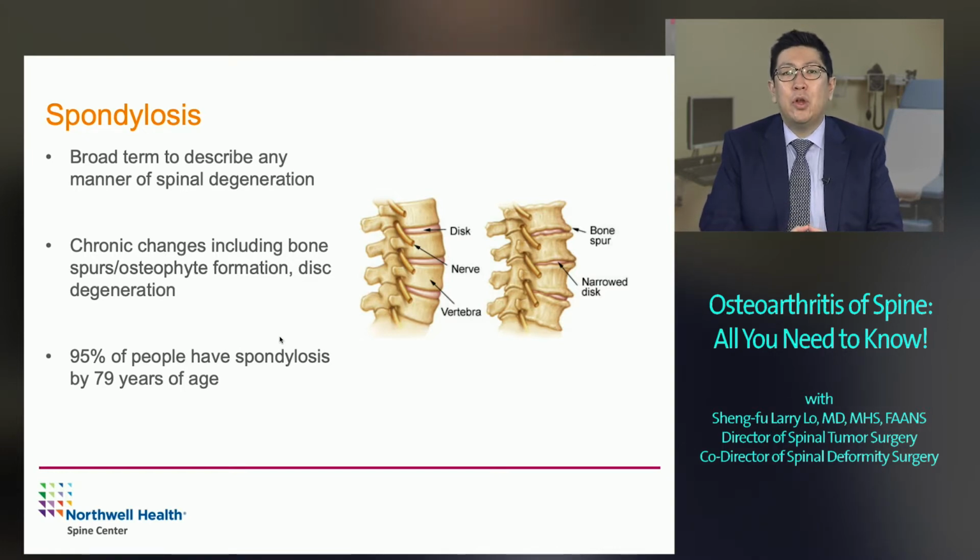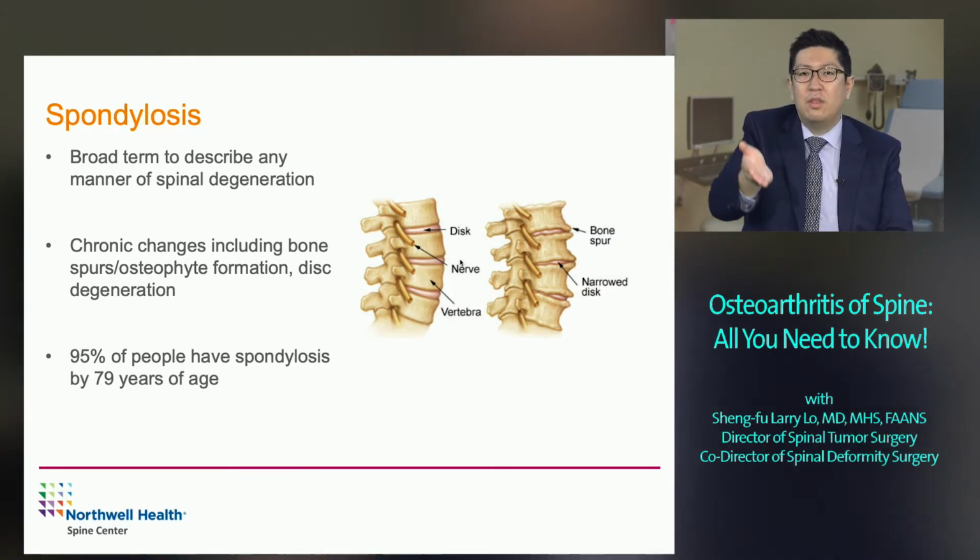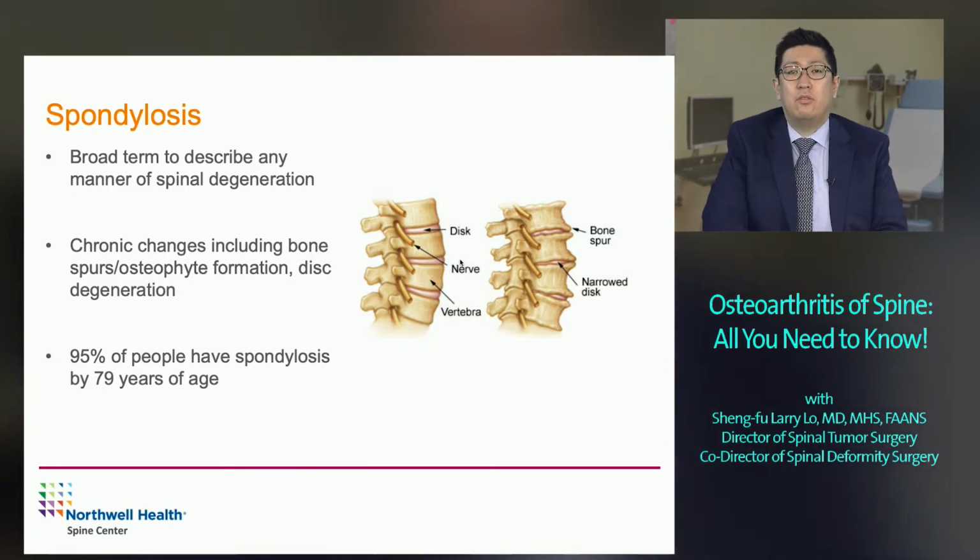The medical terminology is osteophytes, which are abnormal calcifications or hardening of the bone that develops with aging. In this panel, you can see a nice, healthy spine with a smooth edge in the front without any protrusions or bone spurs, whereas as you age, you get these spicules or triangulations that are bone spurs or osteophytes, coupled with disc degeneration.